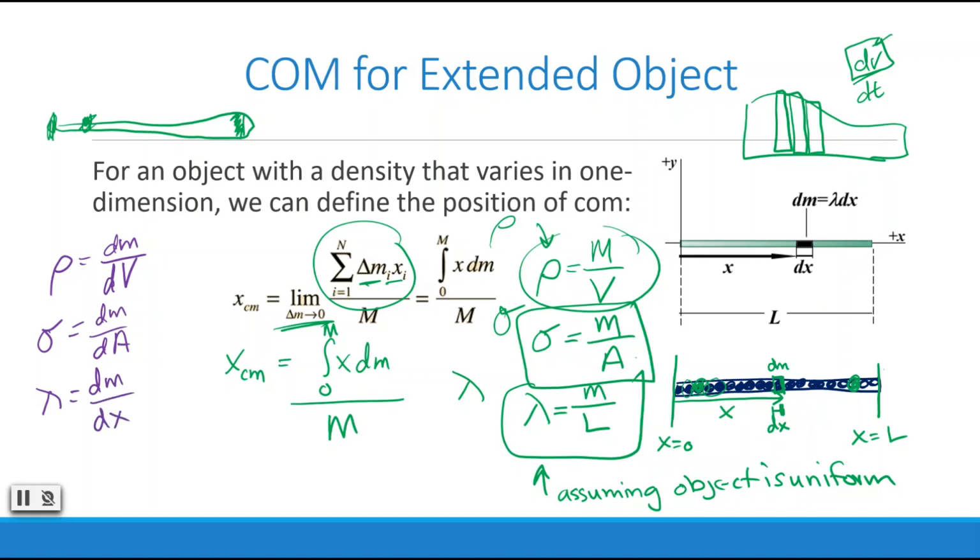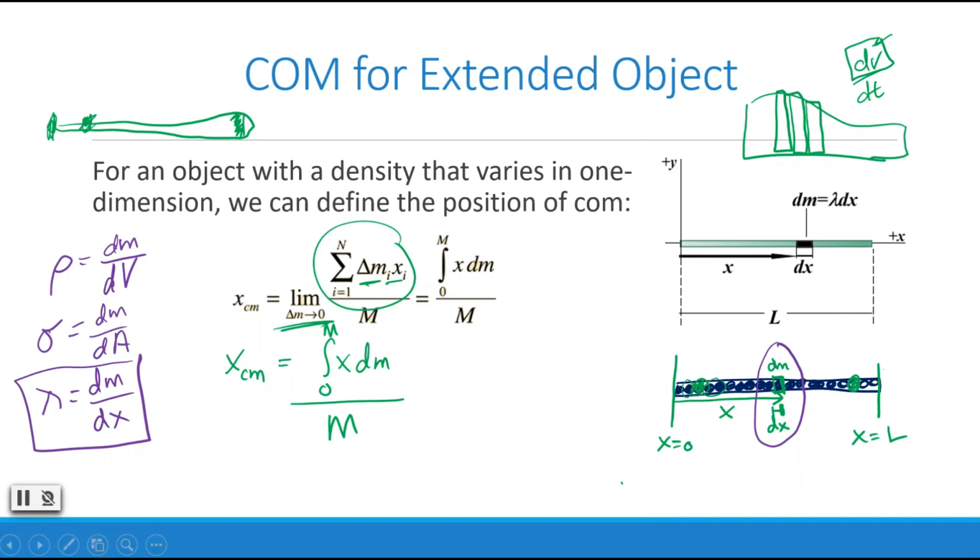So this is going to be useful for us because if I take a look at this lambda one here and how I've set up the dimensions for my little slice, basically lambda is the density dm dx.